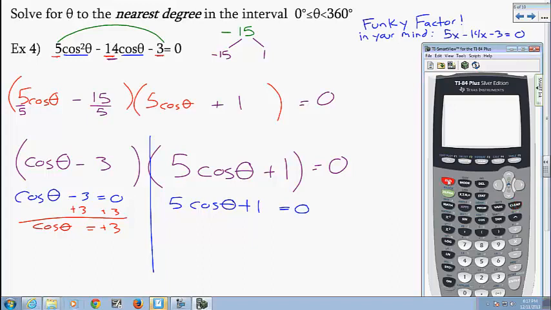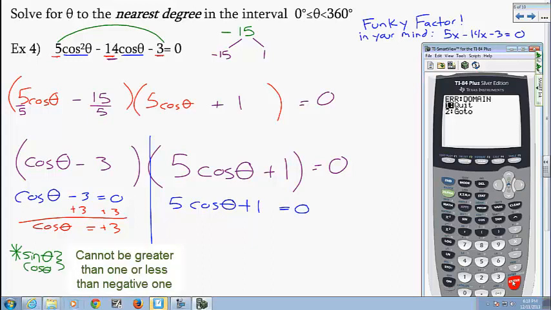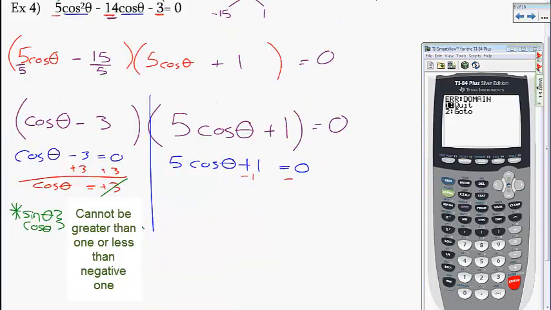However, when I plug the inverse cosine of 3 into my calculator, it gives me an error message about the domain. This is because of a particular rule of sine theta and cosine theta you must know from now on. That is, that the value of either of these functions cannot be greater than 1 or less than negative 1. Because cosine theta equals 3 here, we reject this answer as false and move on.